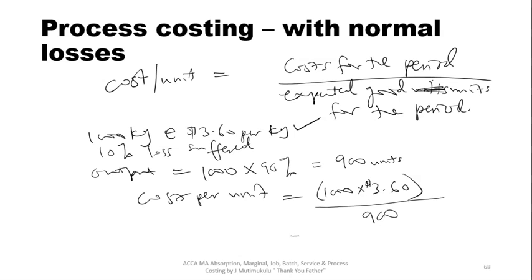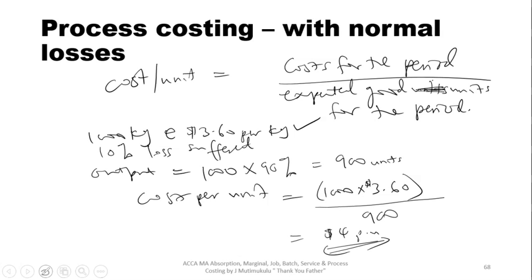So this means that 3600 divided by 900, we are going to have $4 per unit. Now you can see that our units are now more expensive because of the loss which we suffered.